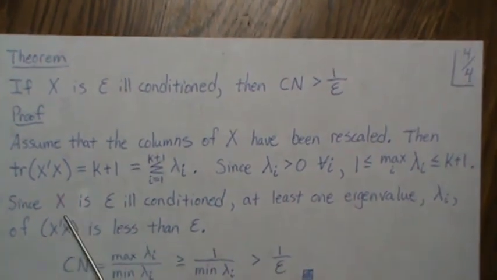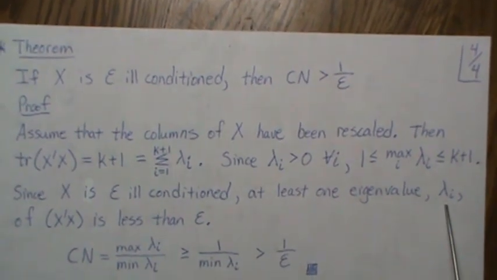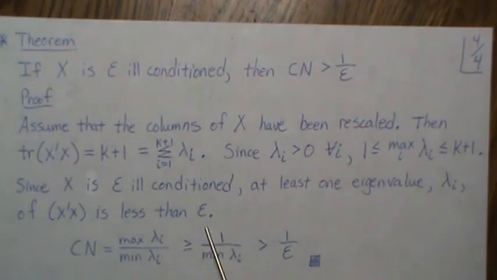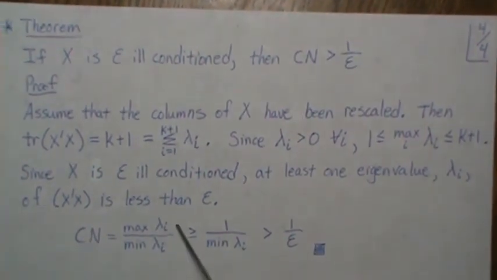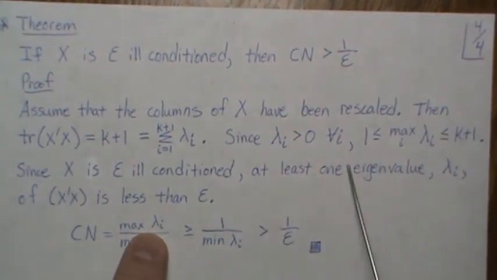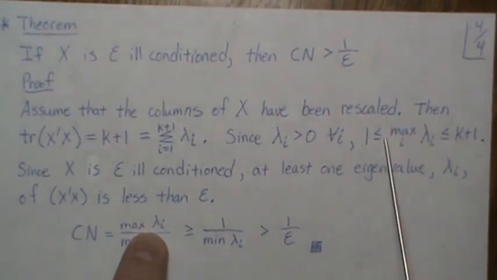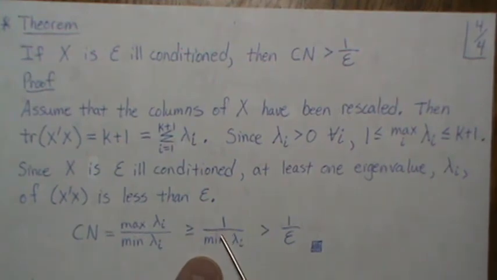All right, so since X is ill-conditioned, at least one eigenvalue, say lambda i, of X transpose X is less than epsilon, okay? So the condition number is by definition the maximum over the minimum, but the maximum is between 1 and K plus 1, so let's put its minimum in right here, and so this number just got a little bit smaller.